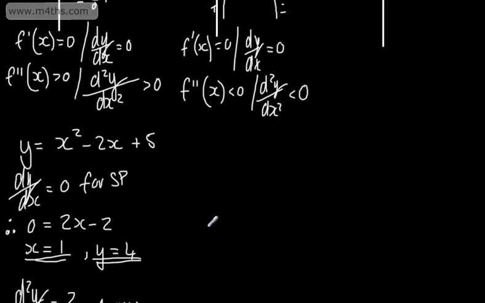Now let's go back to a quadratic. So let's now take a negative quadratic. Let's say f of x is equal to negative 3x squared plus 12x plus 1. So what we want then is to find the stationary point.